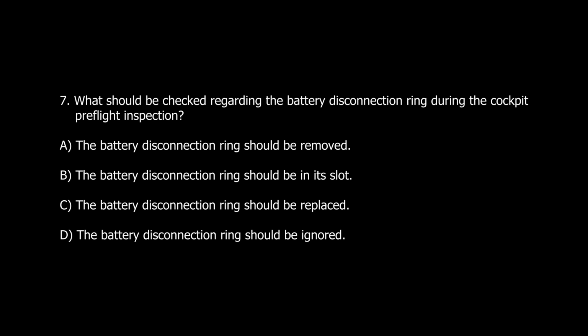7. What should be checked regarding the battery disconnection ring during the cockpit pre-flight inspection? A. The battery disconnection ring should be removed. B. The battery disconnection ring should be in its slot. C. The battery disconnection ring should be replaced. D. The battery disconnection ring should be ignored. 8.